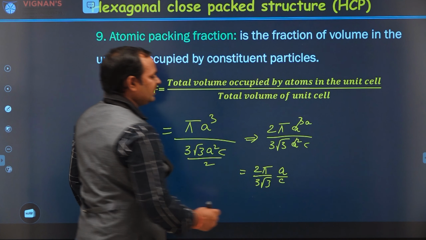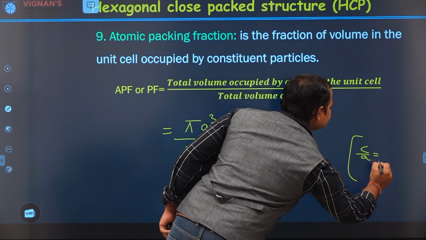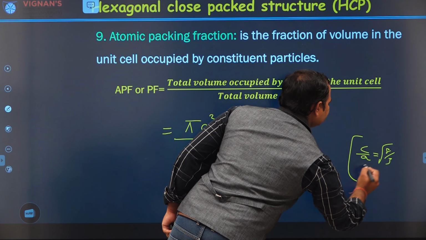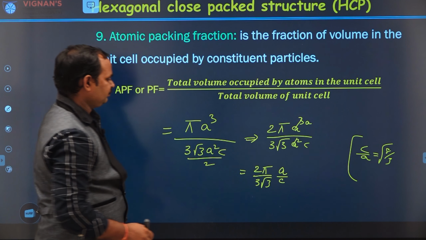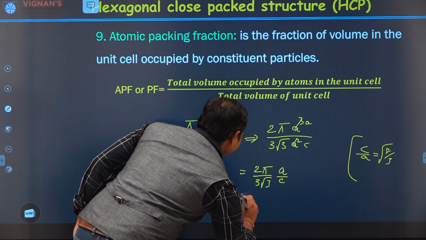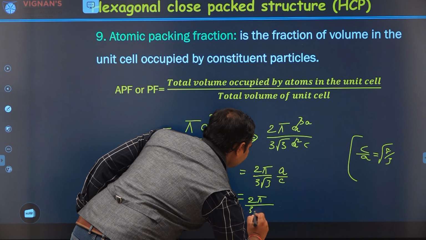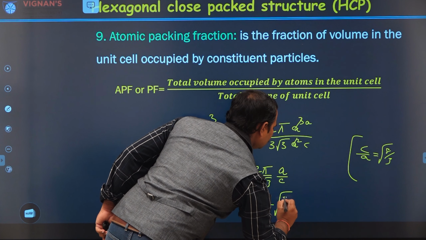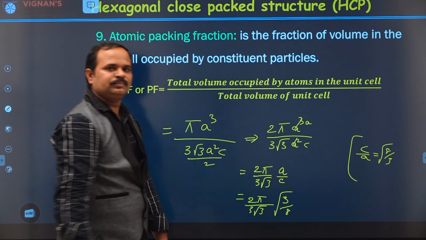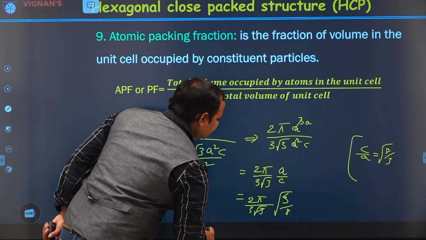Now we know that C by A ratio is root 8 by 3. Then we can write A by C is equal to root 3 by 8. Let's substitute here: 2 pi by 3 root 3, A by C is equal to root 3 by 8. Now this root 3 will be cancelled.